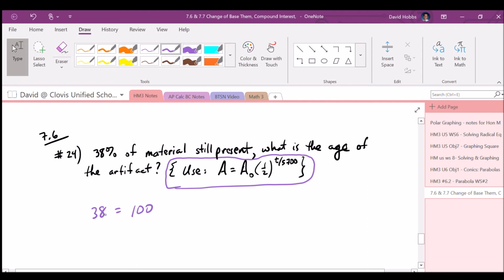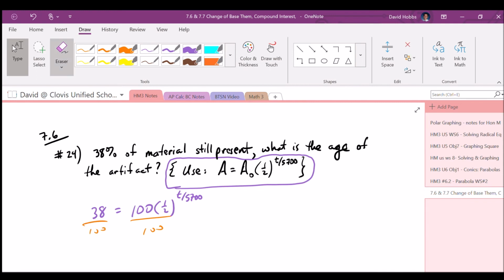If we start with 100, they're estimating that approximately 38% of what we started with is still there. So 38 is 38% of 100, isn't it? And this is part of the reason why I told you to choose 100 to start with, because it's really easy to figure out how much you have after a certain amount of time. So 100 times 1/2 to the T over 5700. What would we do first? Well, we'd go ahead and divide by 100.